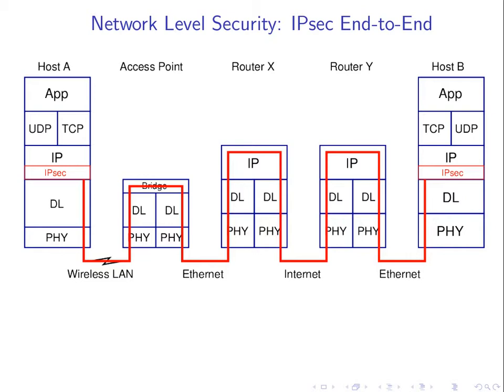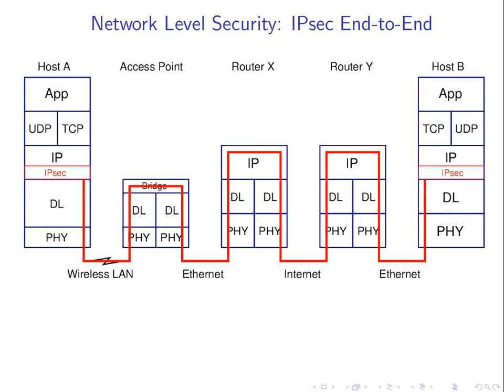You can think it has the header, which has source IP A, destination IP B, and other fields, and it has the data. And the data is encrypted here, the ciphertext. X uses the destination B and realizes, okay, I need to send it to another router, and it goes across the internet until it arrives eventually at B.